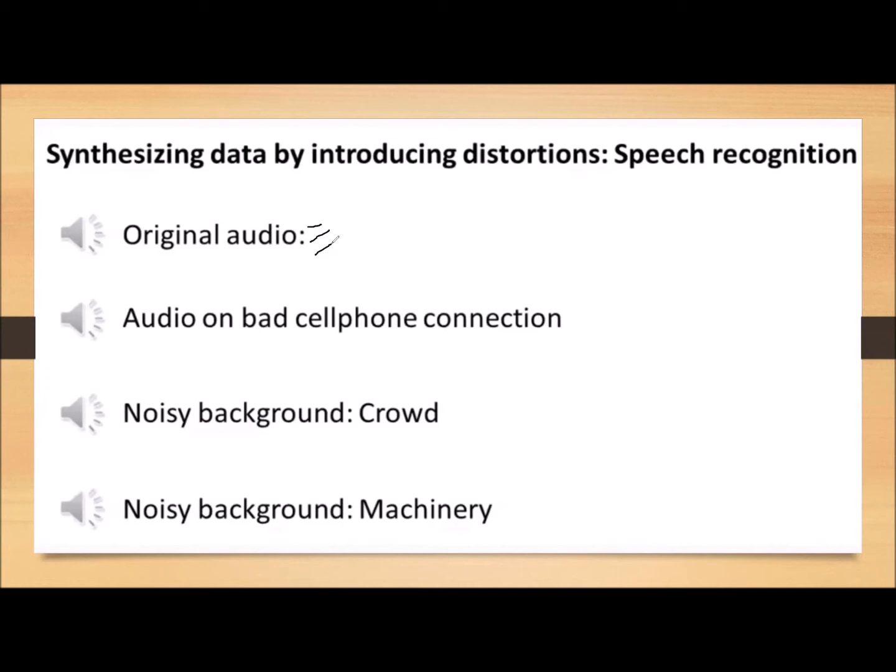For that, we are using our original audio, and we are synthesizing that artificially. Around that original audio, if there is any bad cell phone connection distortion, any crowd distortion, any machinery distortion, some ocean background, any ocean distortion, we are adding all the distortions by using artificial synthesis.